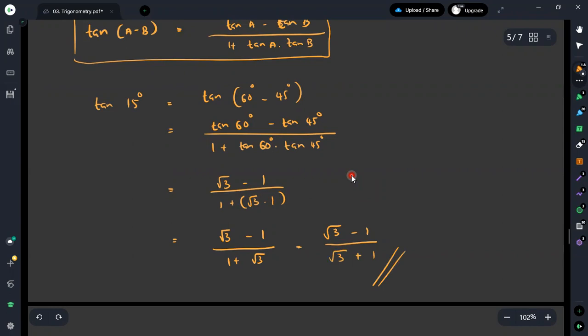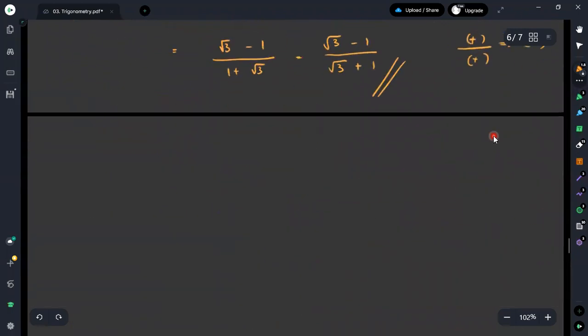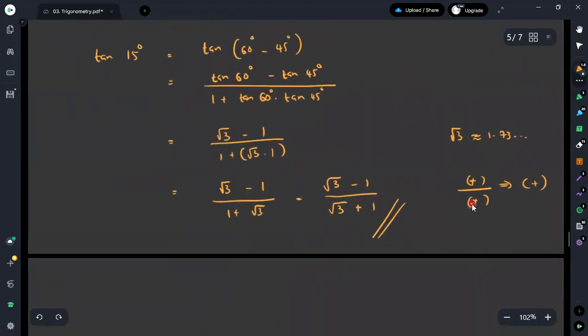Now you can see that root 3 is equal to 1.73 and so on. For the numerator you are getting a positive value, and the denominator is definitely a positive value. So you will end up with a positive value. Since 15 degrees is in the first quadrant, you should get a positive value. Therefore even using the compound angle formula we are getting values which satisfy the quadrant rule as well.